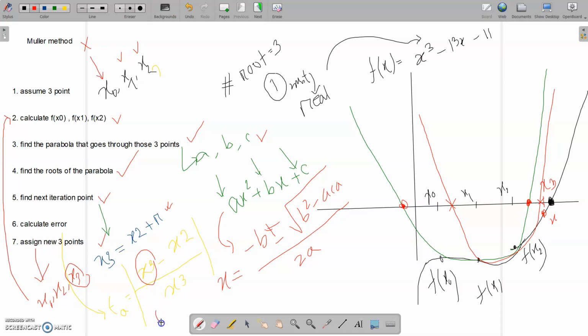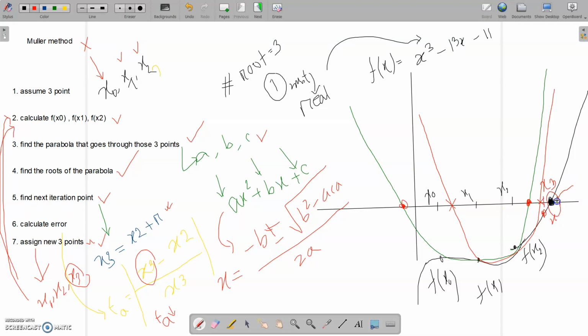Okay, so this Ea is supposed to decrease after each step. Then I am going to find the new 3 points, then start the iteration again. Then I go back here again. So this is the process that we are going to calculate. We are trying to iterate again and again. After a few iterations, you will see that it is trying to converge to this point.